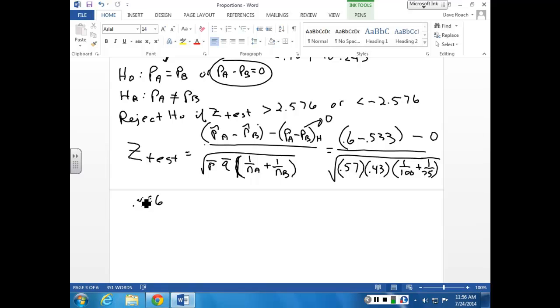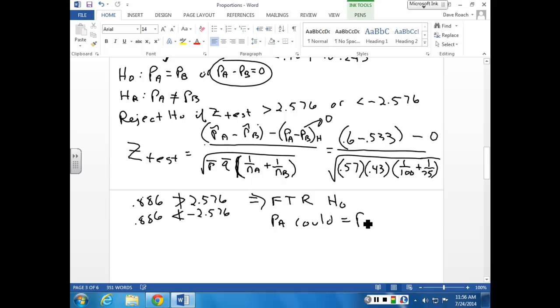0.886 is not greater than 2.576. 0.886 is not less than minus 2.576. So we fail to reject H0 and conclude PA could equal PB.